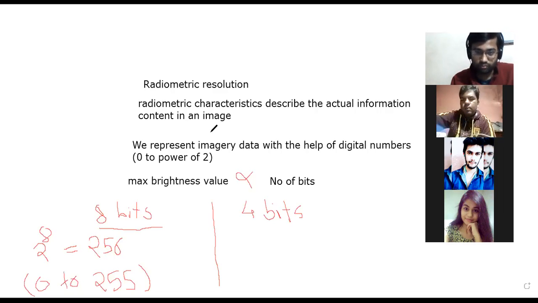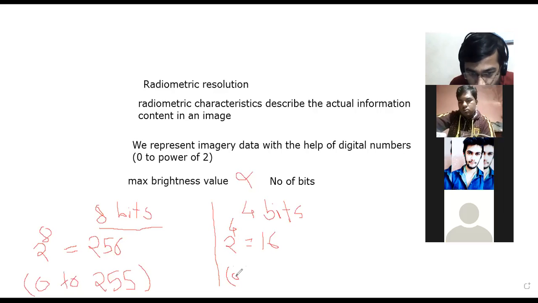If you are using 4 bits, you will have 2 to the power 4, only 16 digital numbers, from 0 to 15. So in 4-bit imagery you have only 16 brightness values.